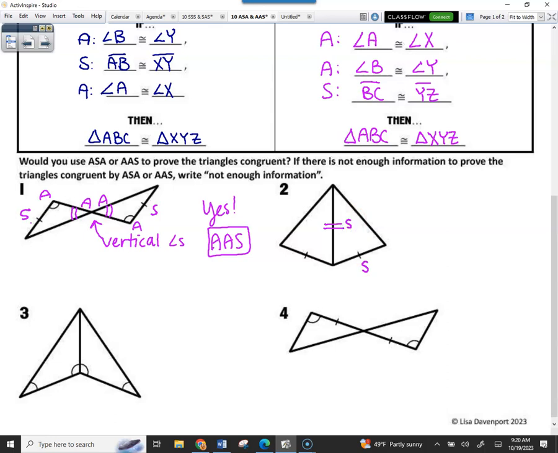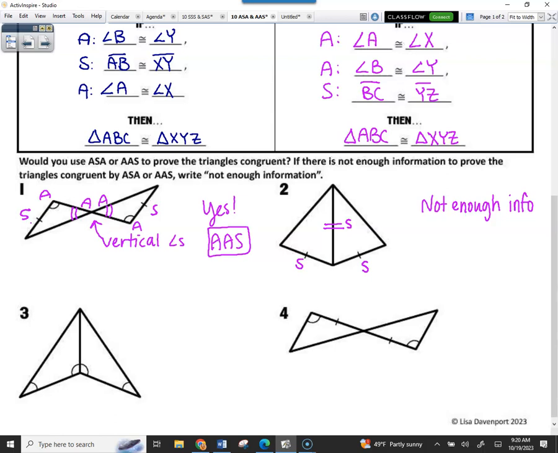Not enough information. I don't even need to check the other one, right? You could check the other one, but you should notice the ones we're using are ASA and AAS, which means we definitely need some angles here, and we don't.